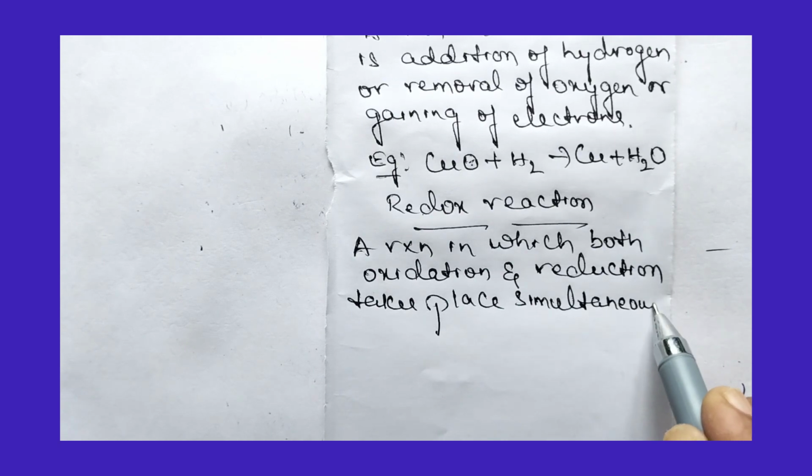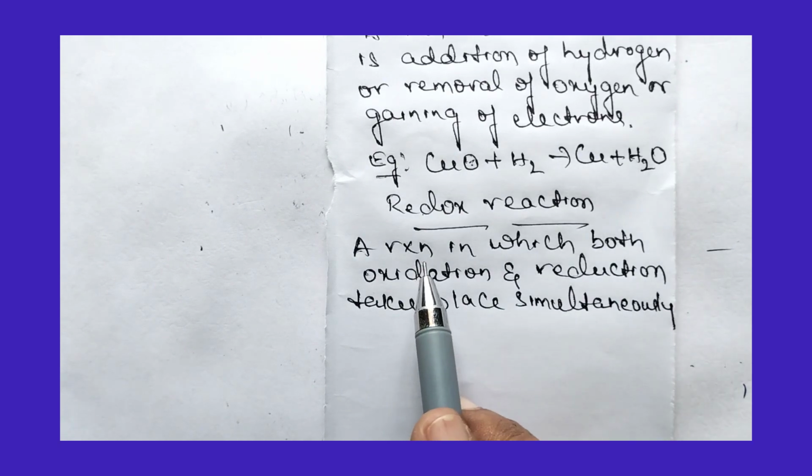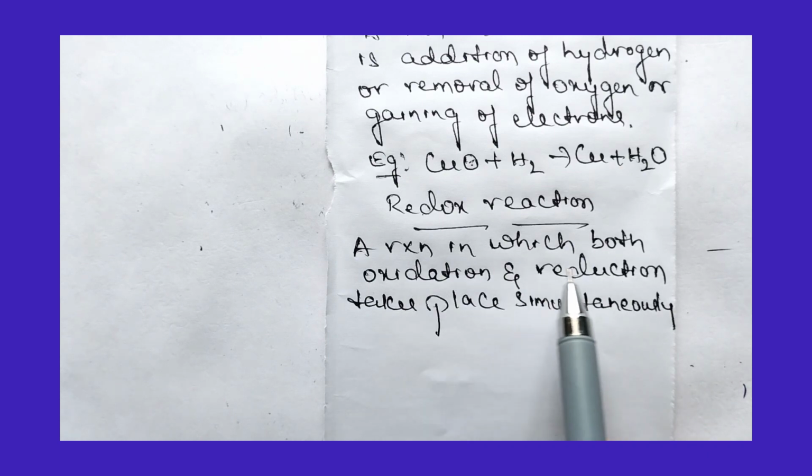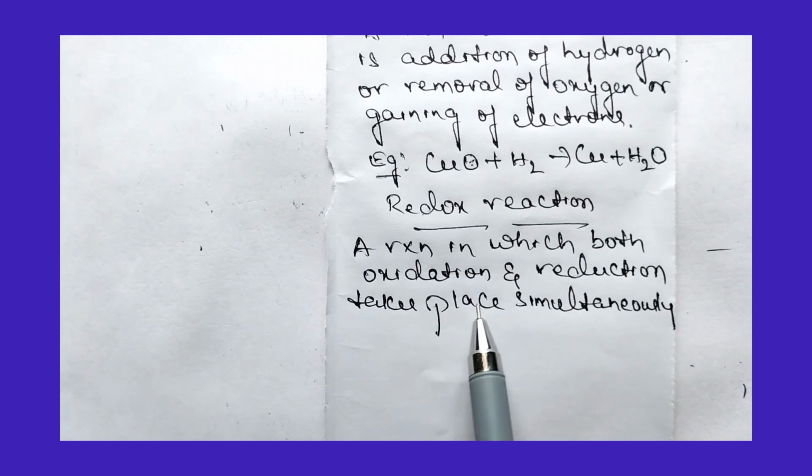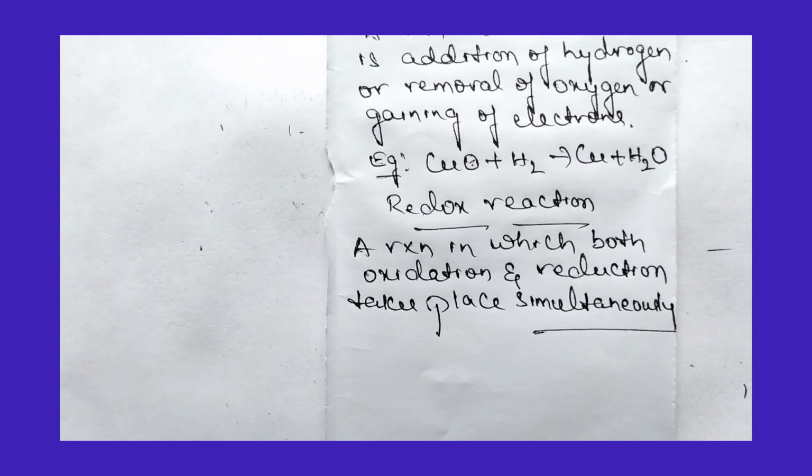Simultaneously means at a time. If both oxidation and reduction take place simultaneously, such a reaction is called redox reaction. Red means reduction, ox means oxidation.